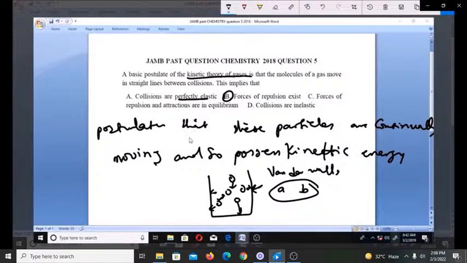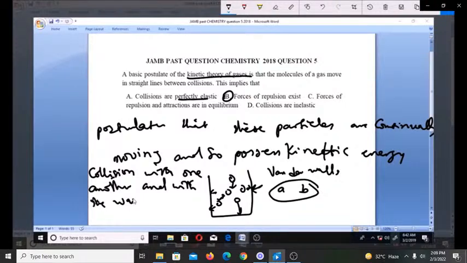So the postulate of kinetic theory of gases is that the particles are continually moving, and so they possess kinetic energy. The gas molecules will collide with one another and with the walls of the container, and there is always a force of repulsion existing.